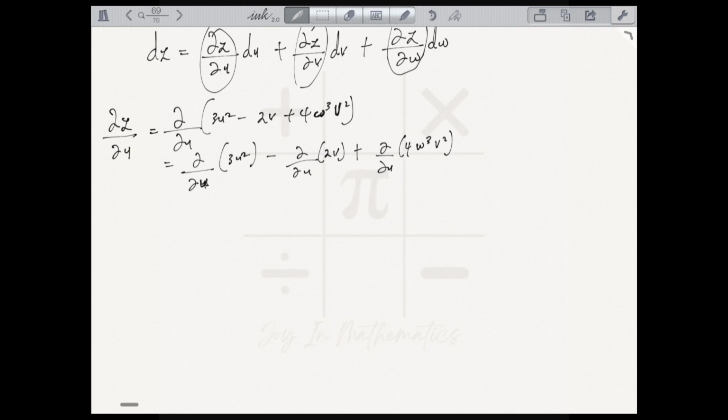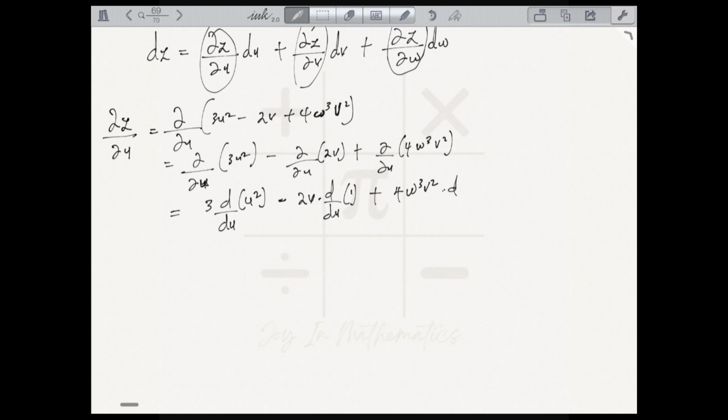With this done, bring the constant out and leave the differentials. The constant in this term is 2v multiplied by d du of 1. The constant in this term is 4w cubed v squared, because these are 3 variables, and when we are differentiating partially with respect to 1, the other 2 are kept constant.